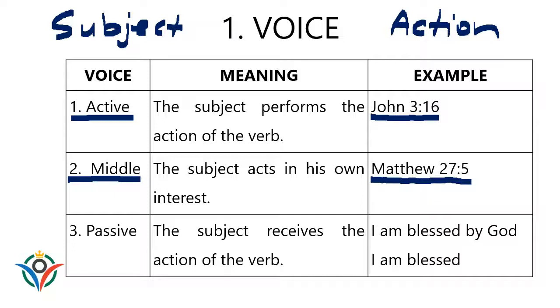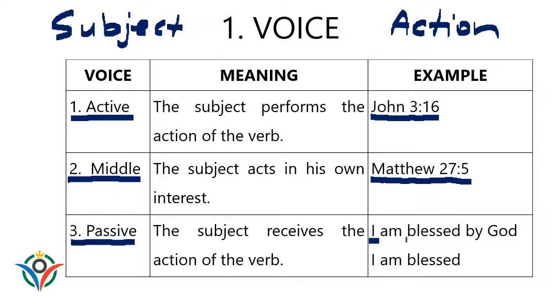Then the third type of voice is the passive voice, and the meaning there is the subject receives the action of the verb. So the example I've given there, if someone states, I am blessed by God, the subject, I, is not performing the action but is receiving something.